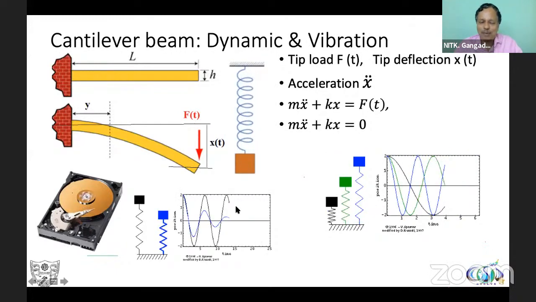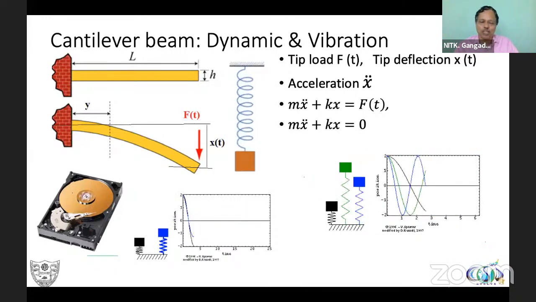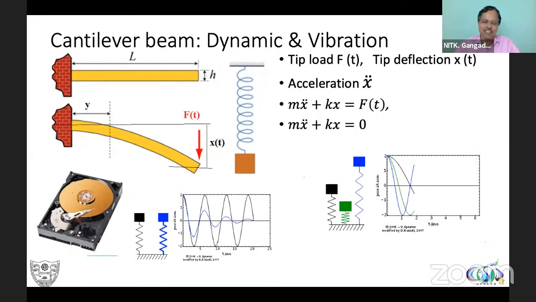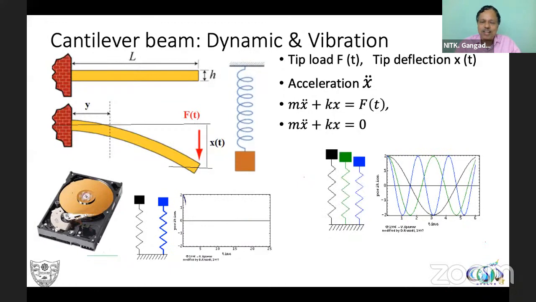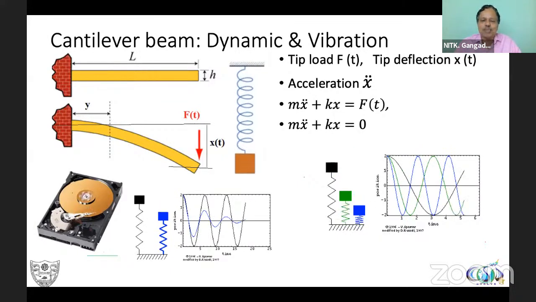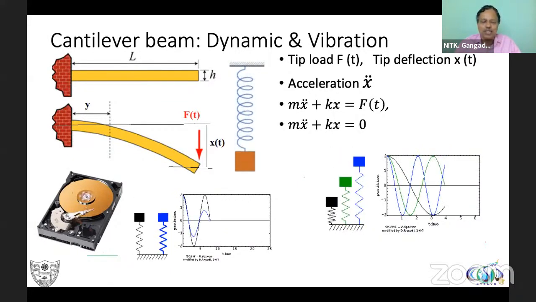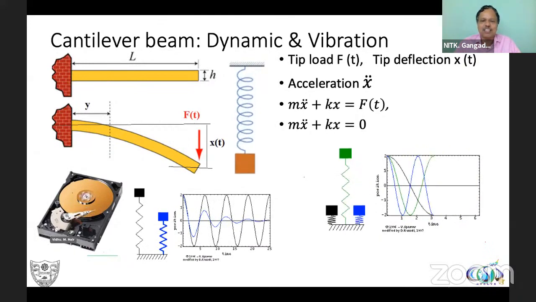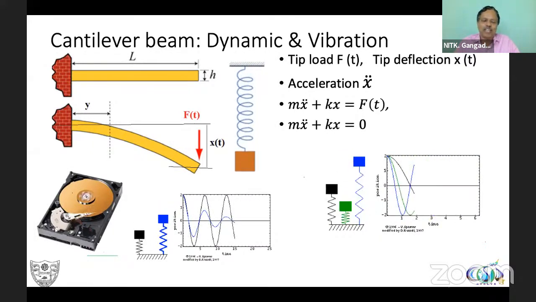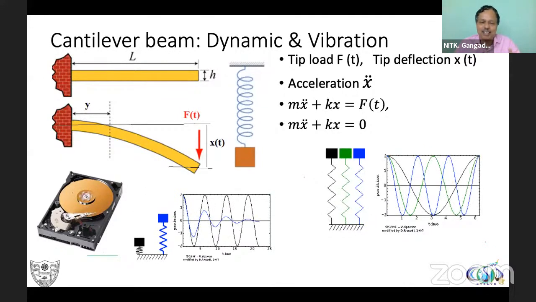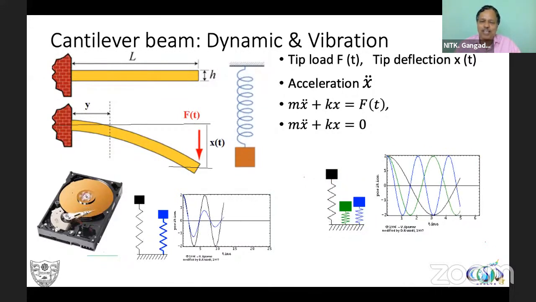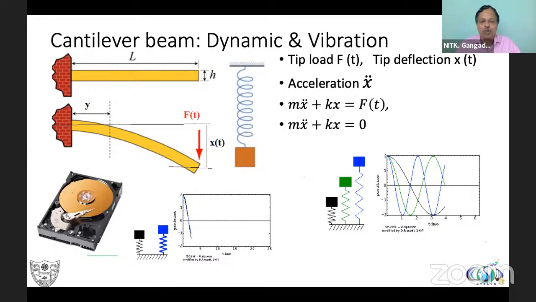And all this happens. So you get a chance to model the system like a hard disk or hard disk arm into a mathematical equation and do analysis using that mathematical equation. So you don't need to create again and again a hard disk and test it in order to make the final product. You need to first convert that physical hard disk into a mathematical equation, which is named as modeling.